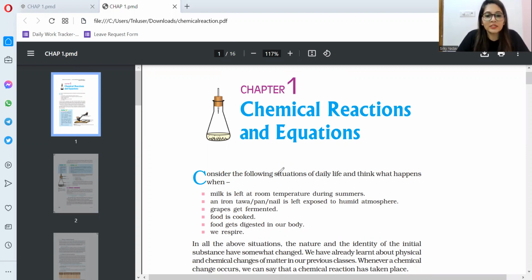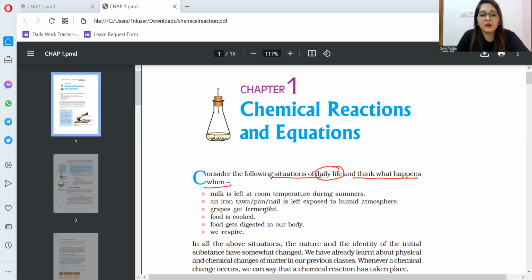So now see, consider the following situations of daily life. When we keep milk in the room at room temperature during the summertime, it gets curdled, right? The milk converts to curd because of bacterial growth in it.